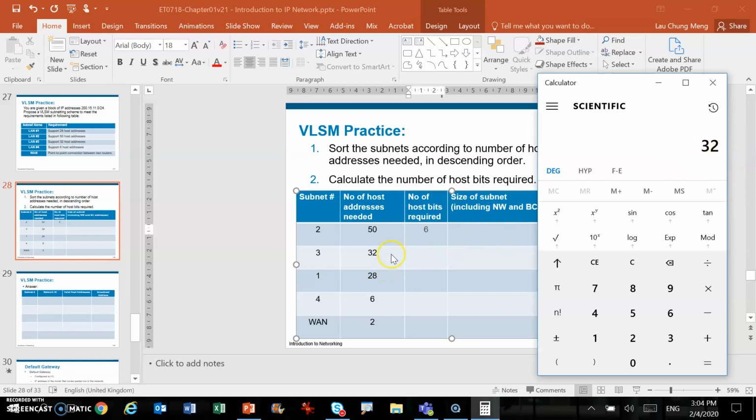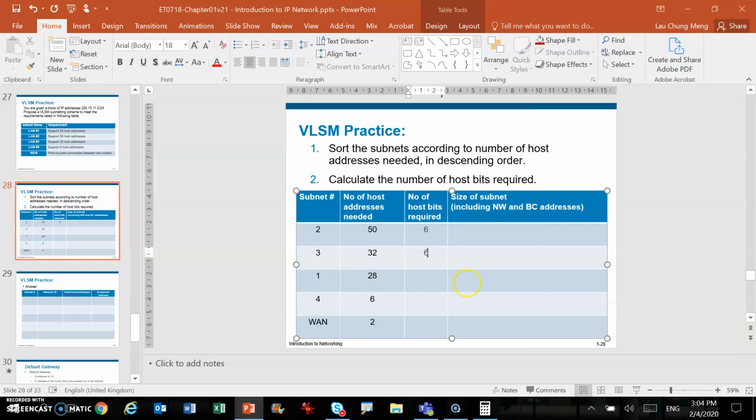So 5 host bits is not enough; we need 6 here. For 28, 5 host bits should be enough, giving us 30 IP addresses. 6 will require 3 host bits. 2 to the power 3 gives me 8, minus 2, 6. And finally, this one needs just 2 host bits. 2 to the power 2 gives me 4, minus 2.